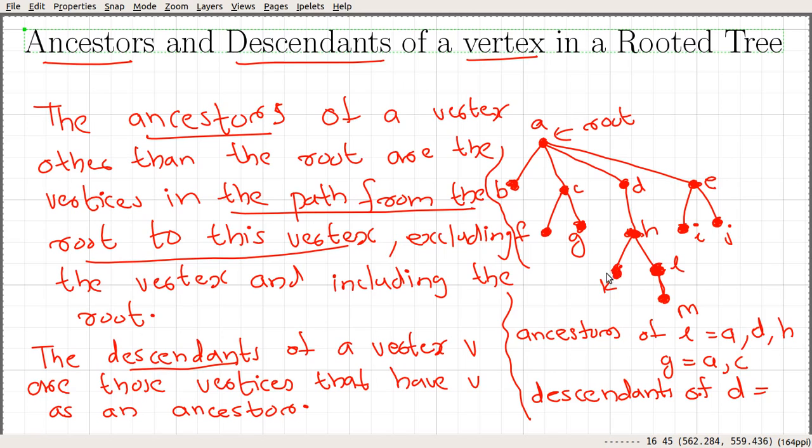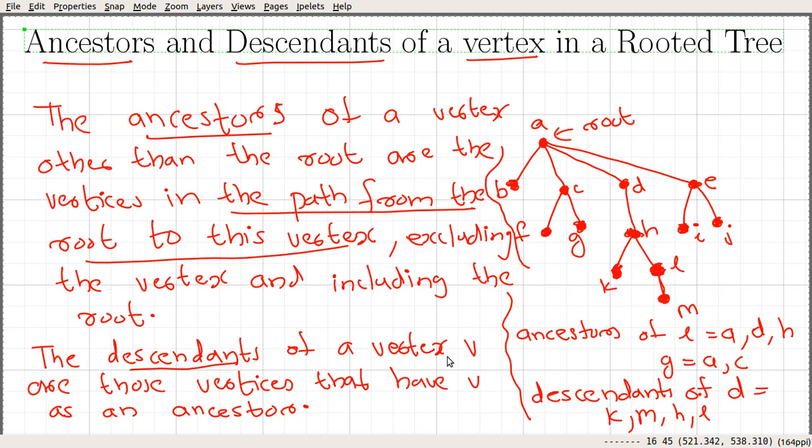But if we consider this K, K has D as an ancestor, so that says K is one descendant of D. Similarly M has D as an ancestor, so M is a descendant of D. And similarly we can see that H and L are also descendants of D. So here the descendants of D are H, K, L and M.